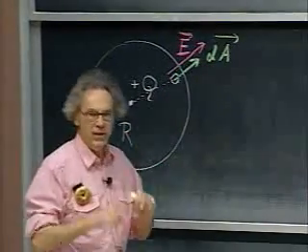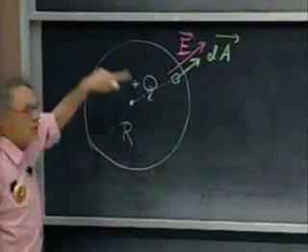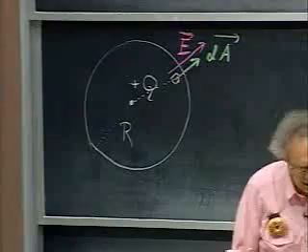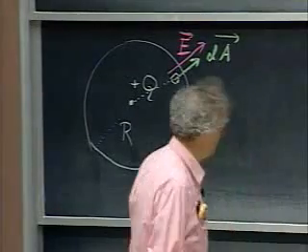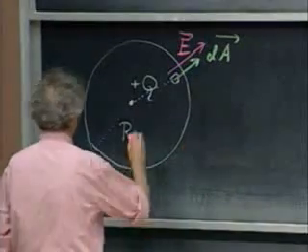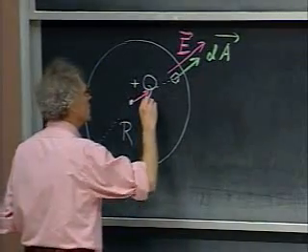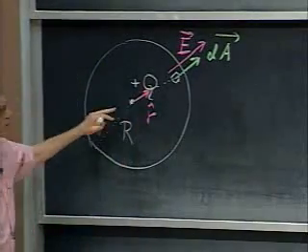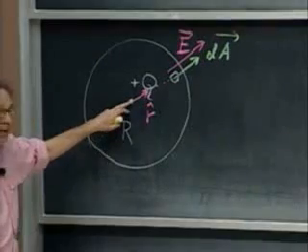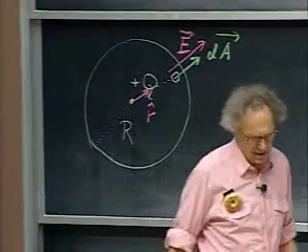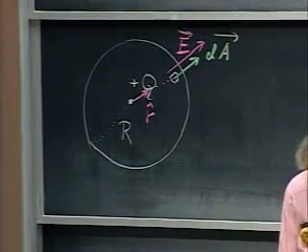So the A and E, not only here, but anywhere on the surface of this sphere, are parallel. So the cosine of the angle equals 1. I can also introduce here the unit vector r roof, which is the unit vector going from capital Q to that element where I evaluate the teeny-weeny little amount of flux.